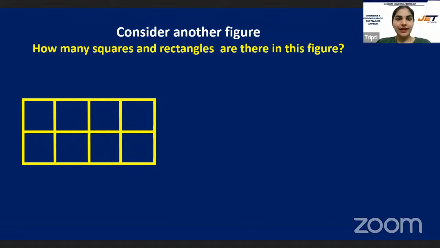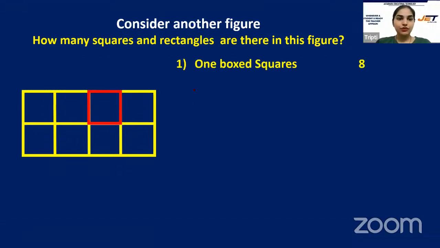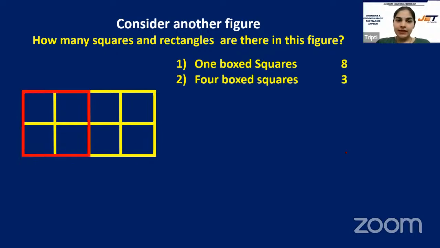Okay, so over here, let's see how many there are. 1, 2, 3, 4, 5, 6, 7, 8. These are the visible squares that we can see clearly. 8 are these. Now, if we see it separately, this is one more, 2, 3. You can see it with the red highlighted part.